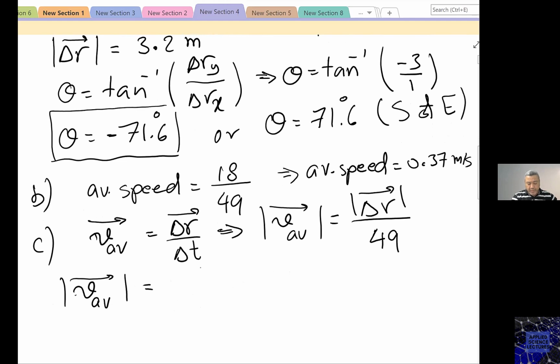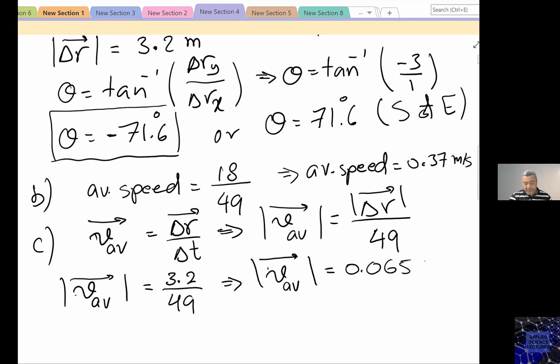You remember how much was the average displacement? 3.2. 3.2 divided by 49. And in this case, the magnitude of the average velocity is 0.065 meter per second.